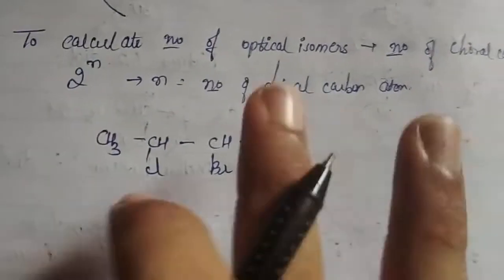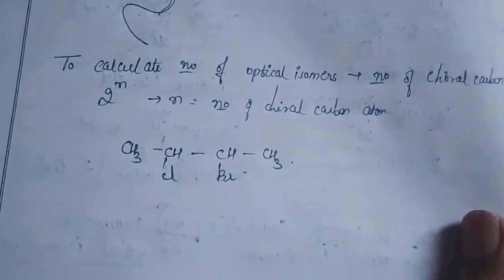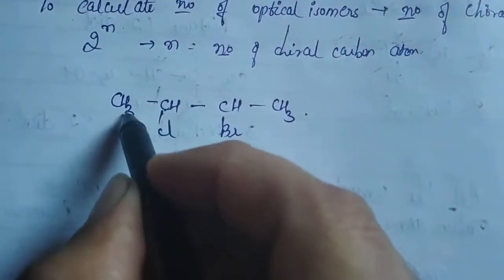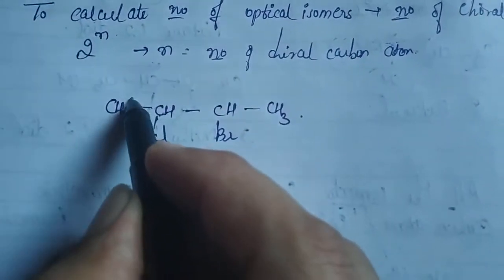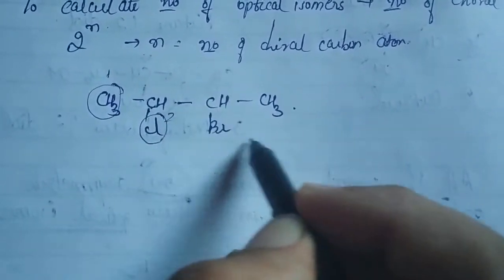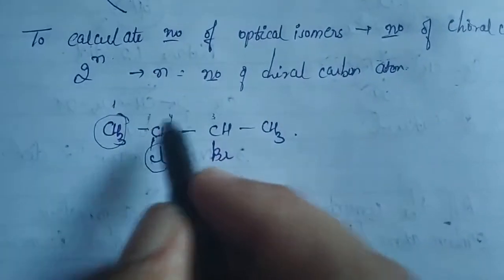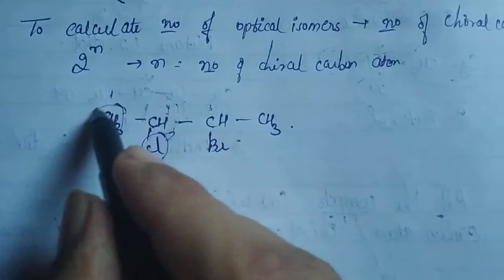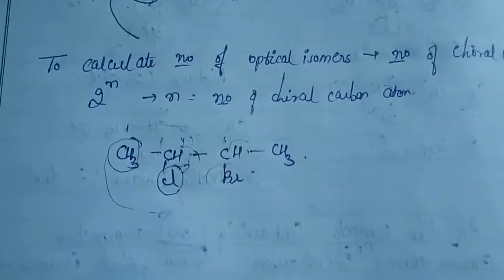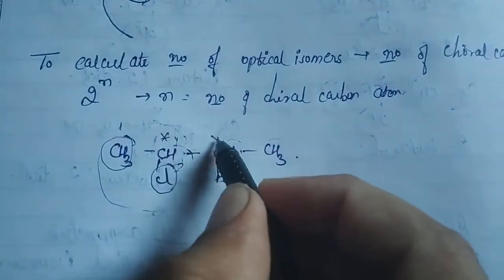When we observe this structure, we can see that this carbon is surrounded by 4 different groups: first group, second group, third group and fourth group. Similarly for this carbon too. So overall these molecules have 2 chiral carbons.